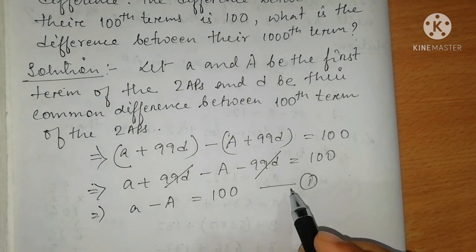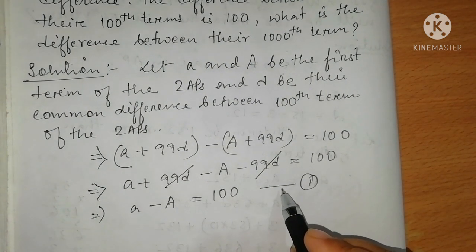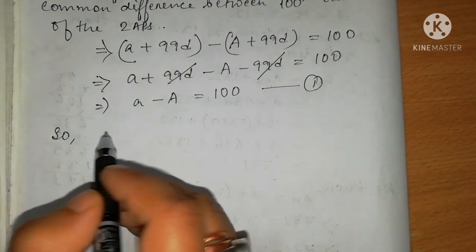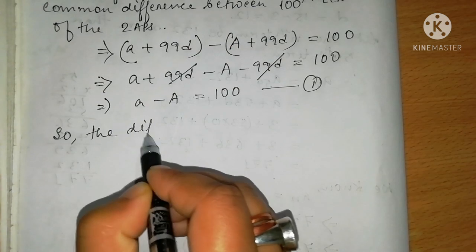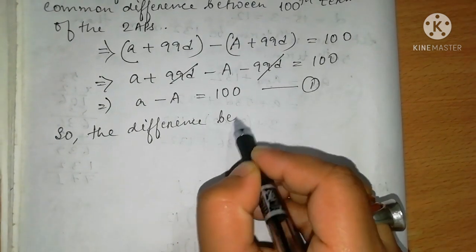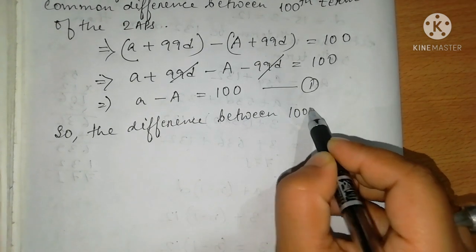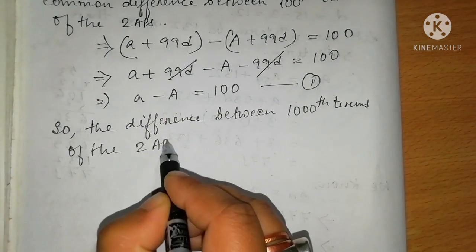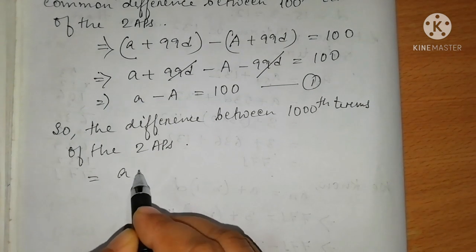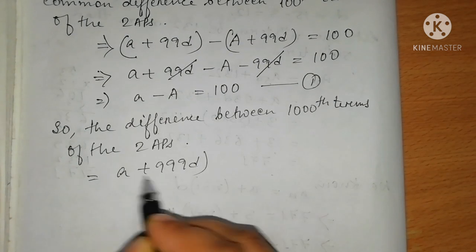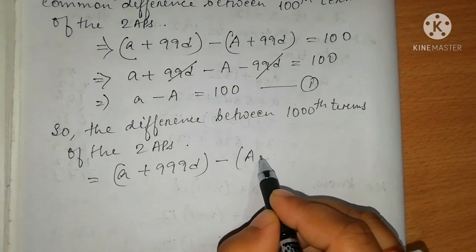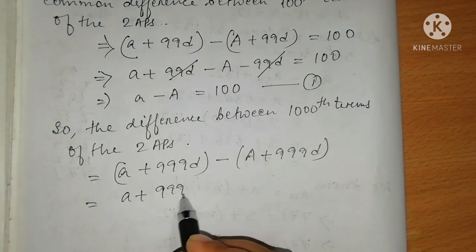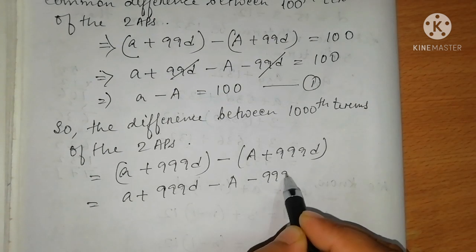Now according to the question, what is the difference between their 1000th terms? So the difference between the 1000th terms of the two APs will be a plus 999d minus capital A plus 999d, which is equal to a plus 999d minus capital A minus 999d.